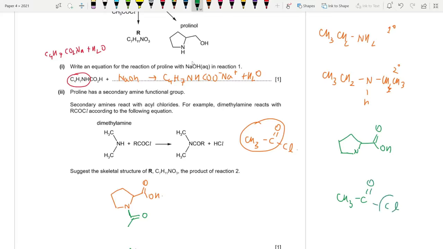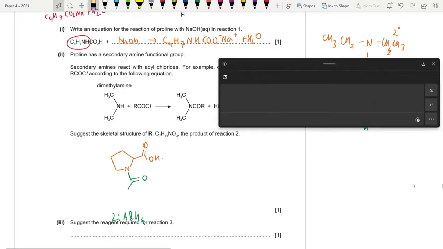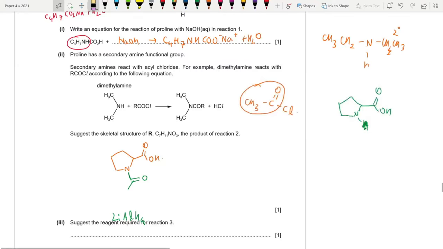Do you see this chlorine section? It will react with this hydrogen to form HCl. And what else is remaining? The CH3CO section is remaining at the end of the reaction, right? So the CH3CO will be connected with this section over here.